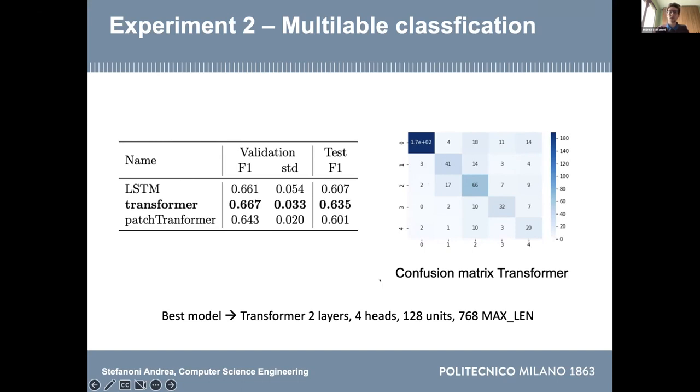So the result is we cannot classify these types of security patches well using multi-label classification. But we always see the transformer with the best performance, and separating the input harmed the performance of the transformer and patch transformer.